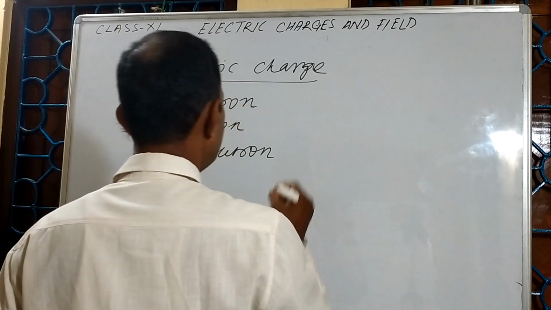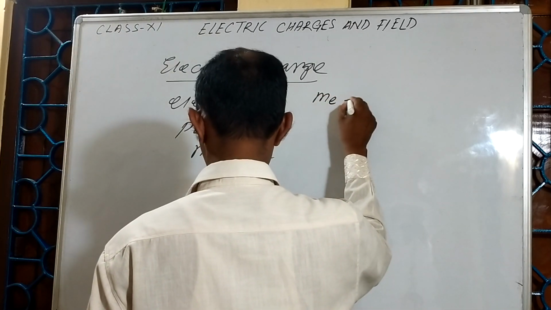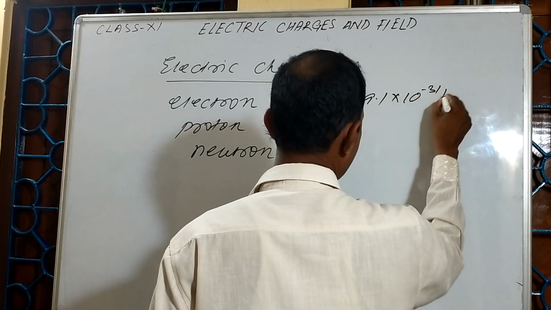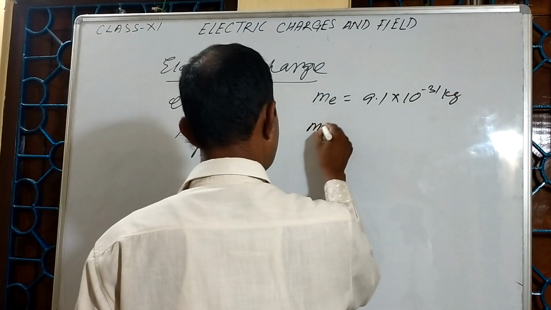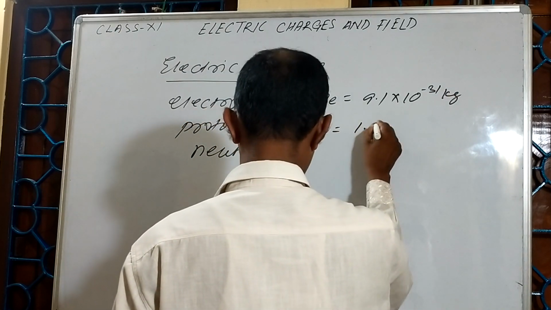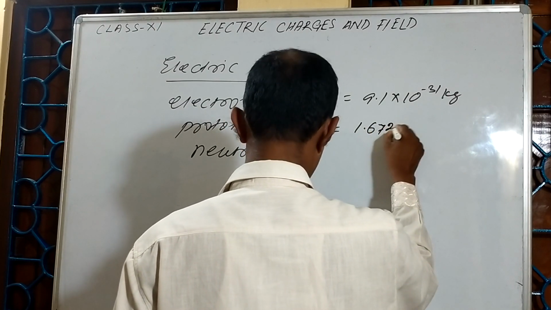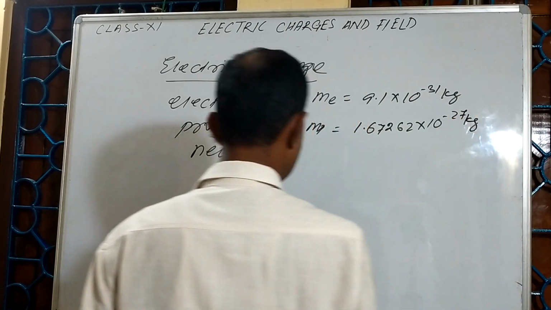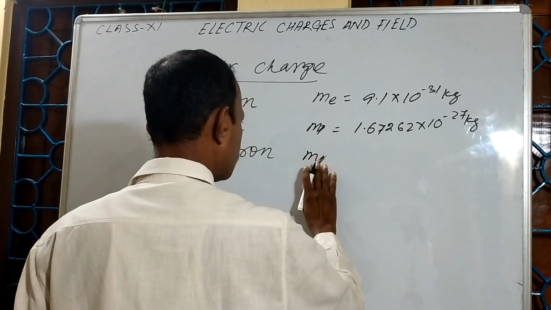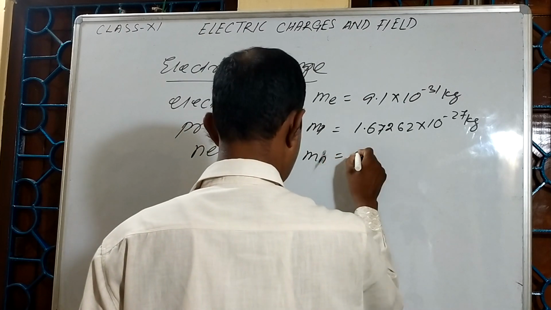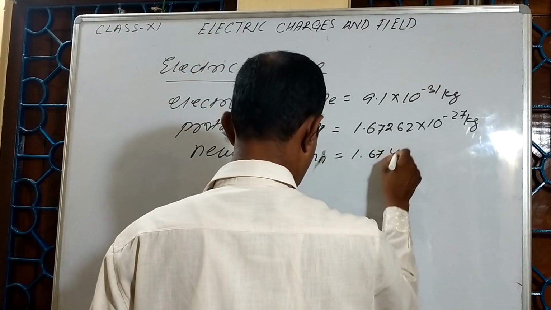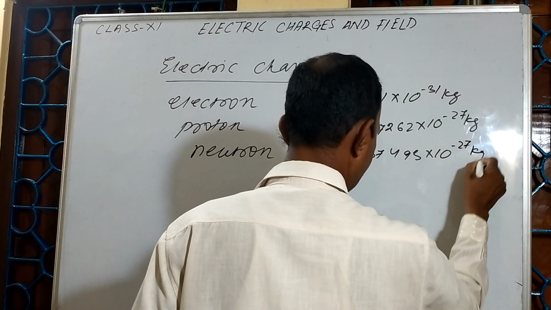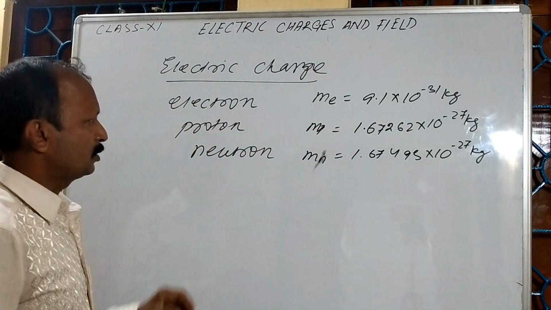The mass of electron, we know, is 9.1 into 10 to the power minus 31 kg, whereas the mass of proton is equal to 1.67262 into 10 to the power minus 27 kg, whereas the mass of neutron is equal to 1.67493 into 10 to the power minus 27 kg. About the charge we will discuss here.